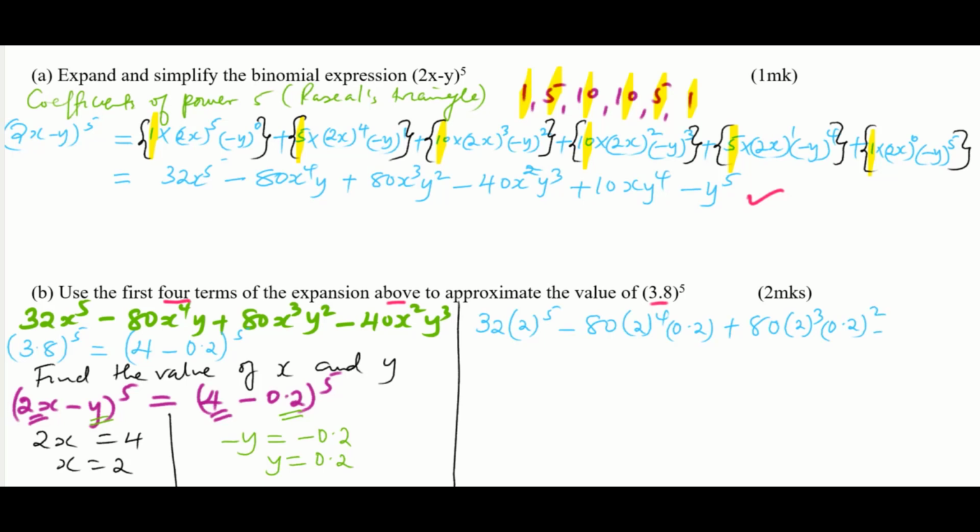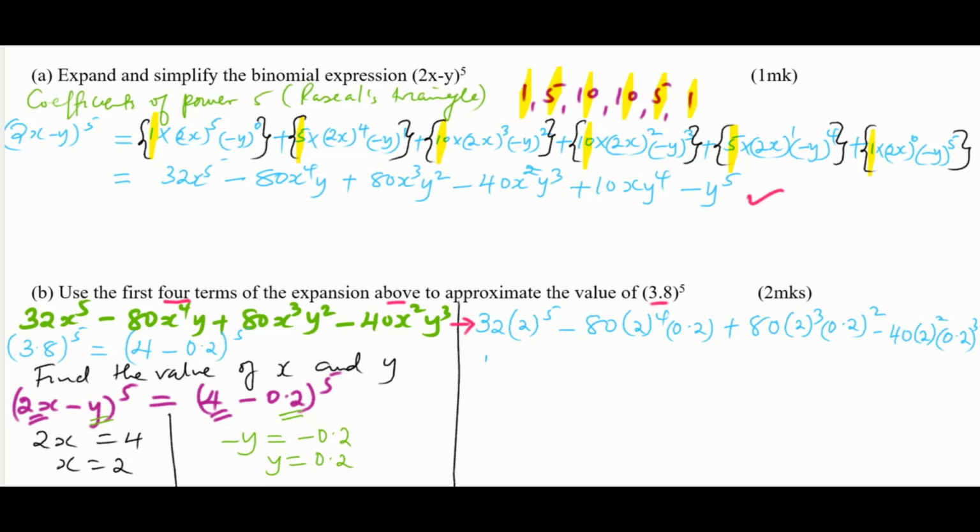Then minus 40, x is 2, this is squared, then y 0.2, this is cubed. So that is how you substitute. Then from there, use a calculator to work out these.